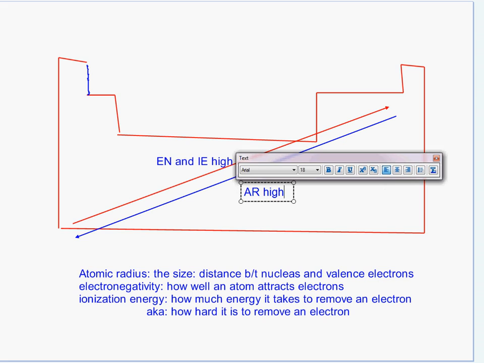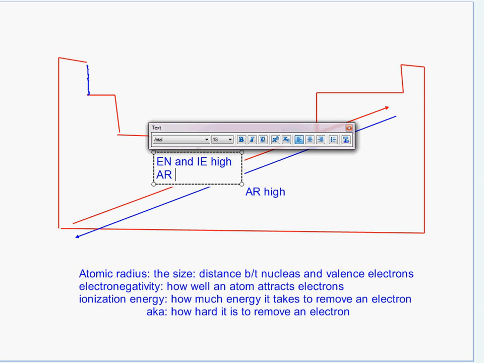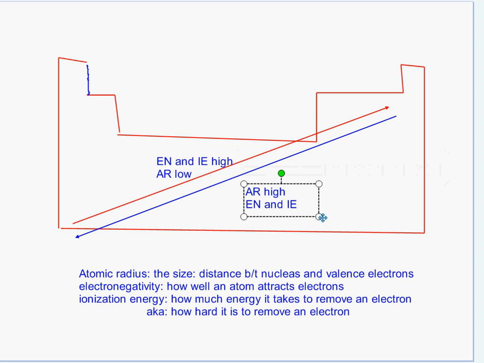And then if you go the opposite way, so like here, going up, electronegativity and ionization energy are high, atomic radius is low. As you go down to the left, atomic radius is high, electronegativity and ionization energy are low, low, low, low.